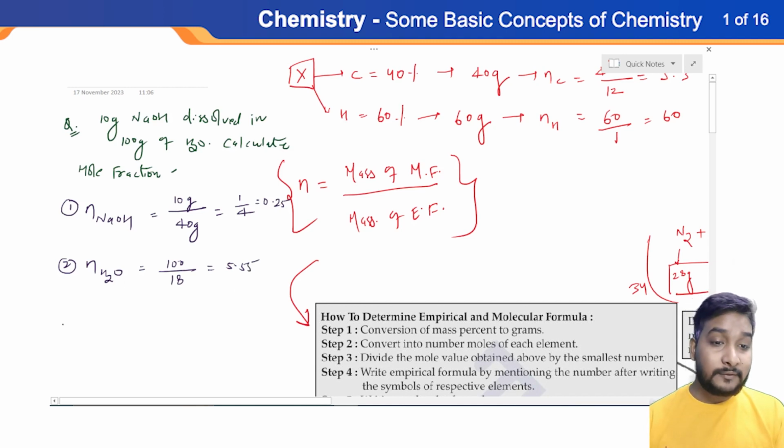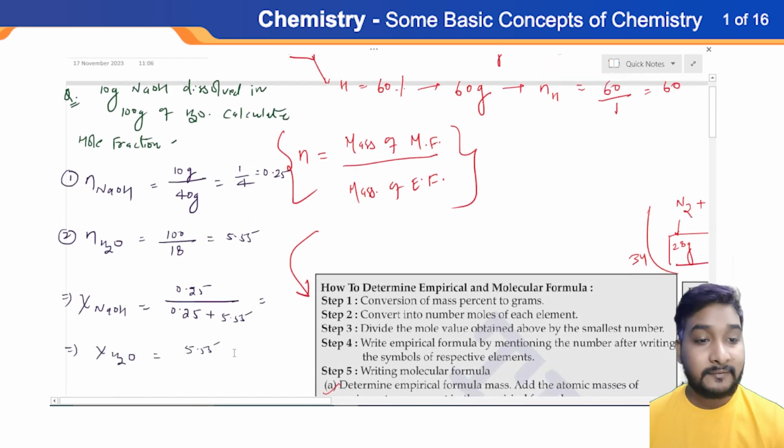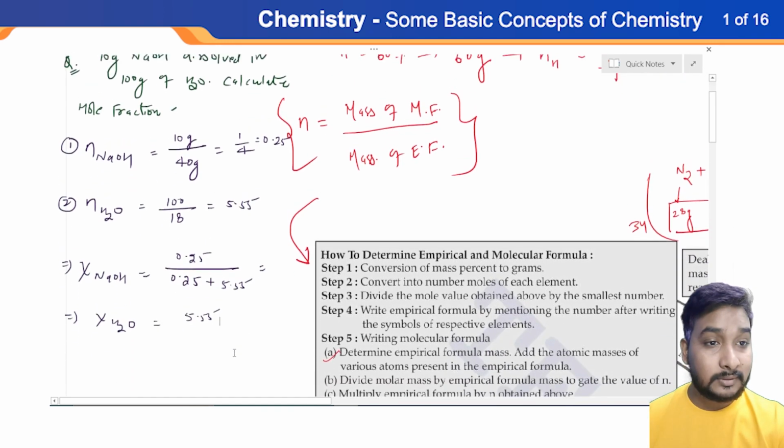Now, first of all, mole fraction of NaOH, that is moles of NaOH, that is 0.25, upon total moles, 0.25 plus 5.55. You can calculate the answer. The second thing, mole fraction of H2O, moles of H2O 5.55 upon total moles 0.25 plus 5.55.